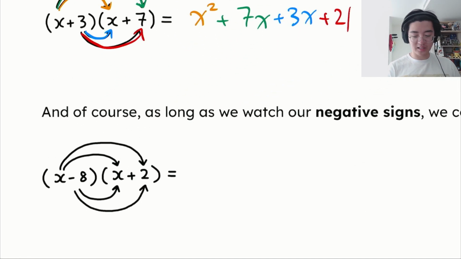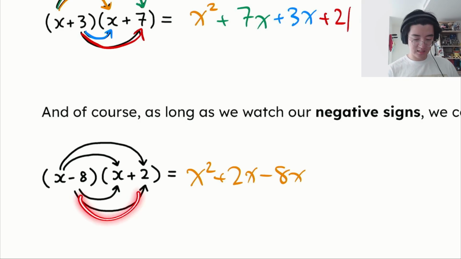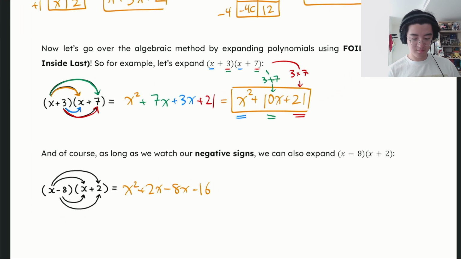Let's try it with negatives. x times x is x squared, x and plus 2 is plus 2x, negative 8 and x is minus 8x, negative 8 and 2 is negative 16. Combine like terms.